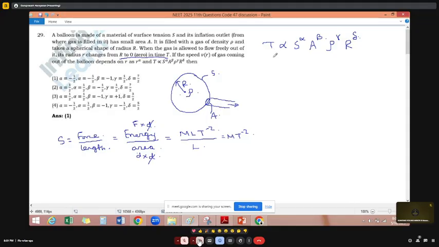So that means this is time. So time means M power 0, L power 0, T power 1, proportional to, or you can write it as some constant, into surface tension, which is M T power minus 2, power alpha. Area is L square.